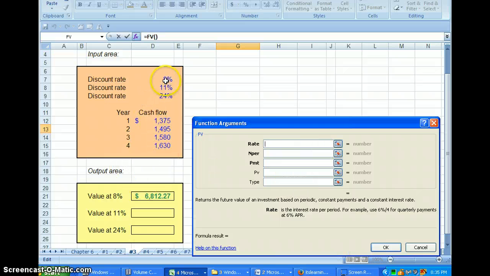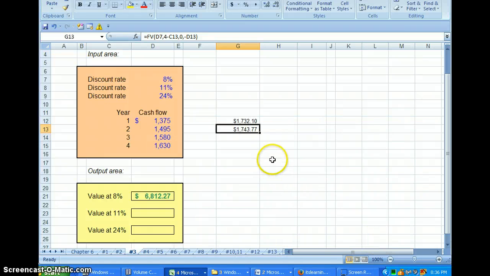Rate 8%. Number of periods 4 minus 2. And again, there's 4 years. So we're doing 4 minus what year we're working with. Present value goes in as a negative. $17.43. D3.